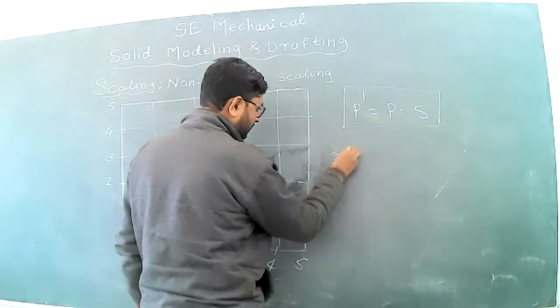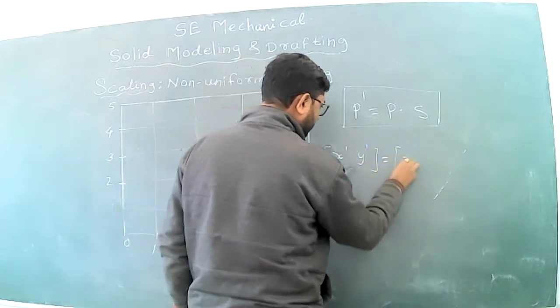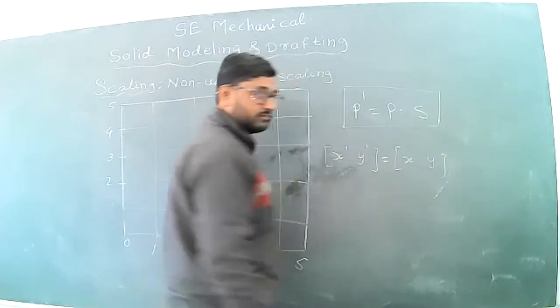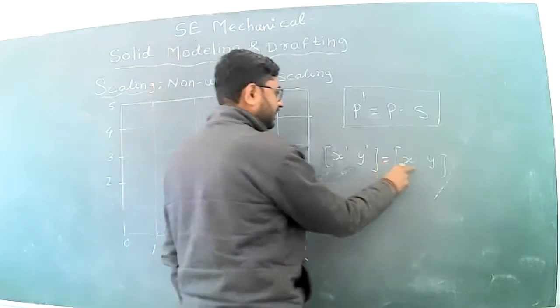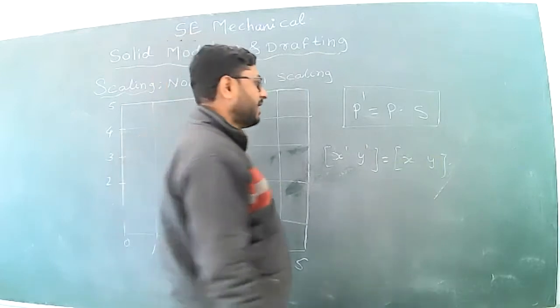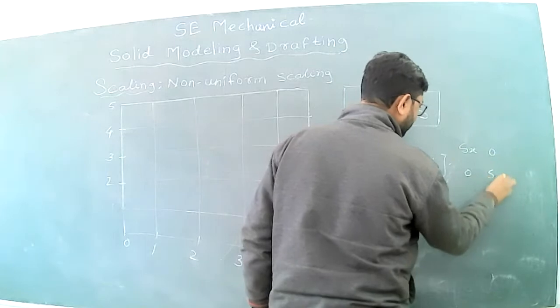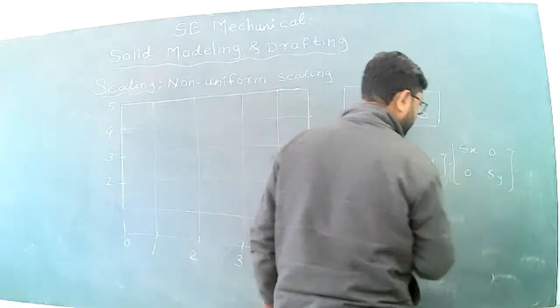Means this formula is nothing but x dash y dash is equal to xy, that is in terms of matrix form is xy into S. What is S? S is scaling parameter, that is Sx 0 0 Sy.